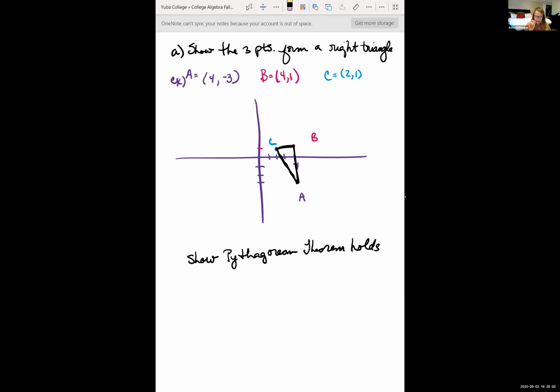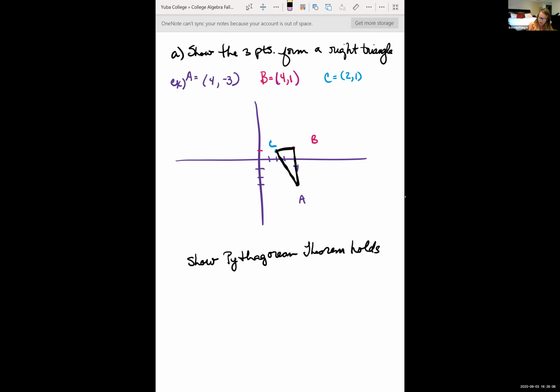Okay, so I need to find the distance between some points. And because they're called C and B here, let's call this line CB. And let's find the length of that. So I have 2 points. I have 2, 1, and I have 4, 1. Okay, so it's x sub 2 minus x sub 1. If I look at this point, my x value is 4.